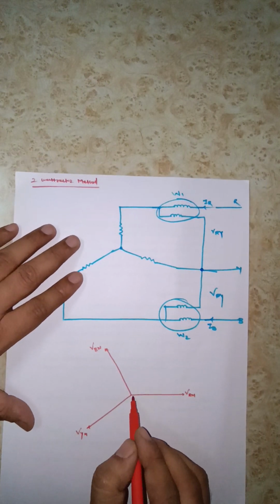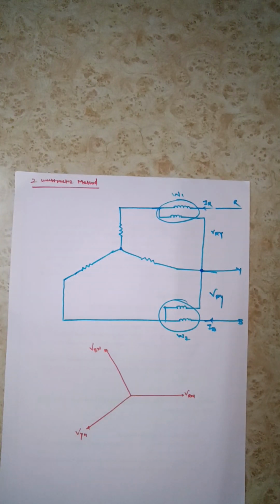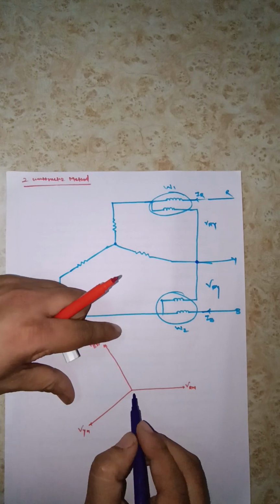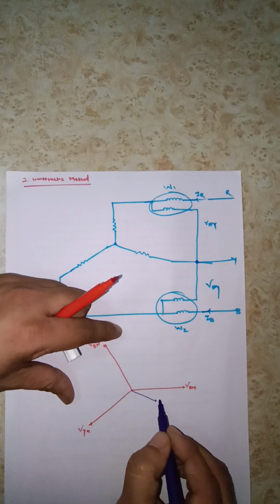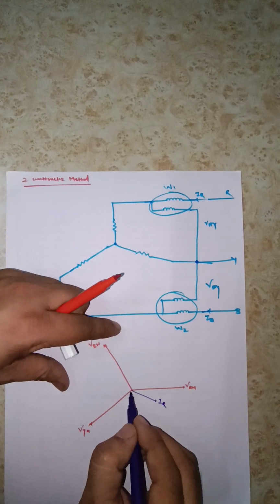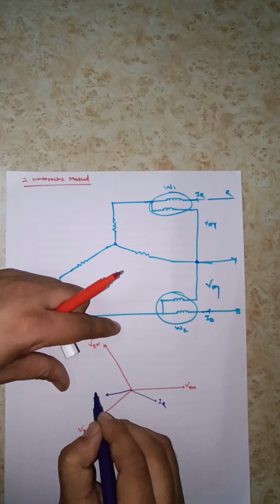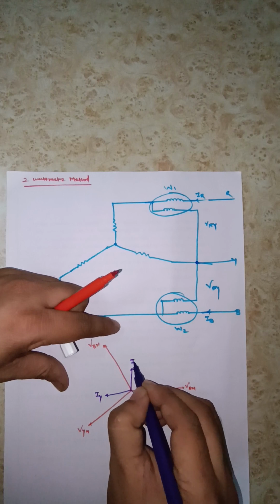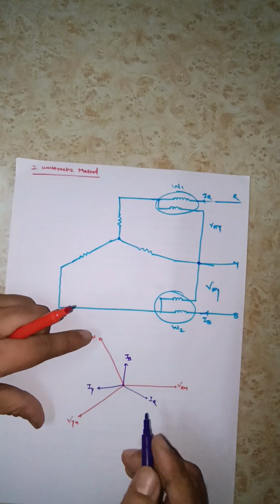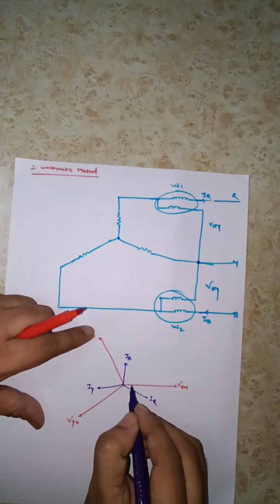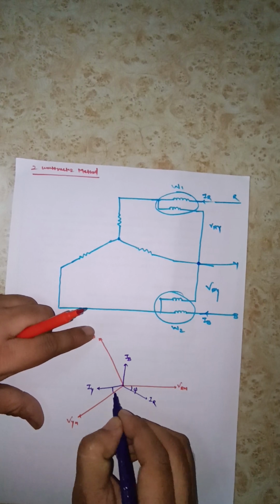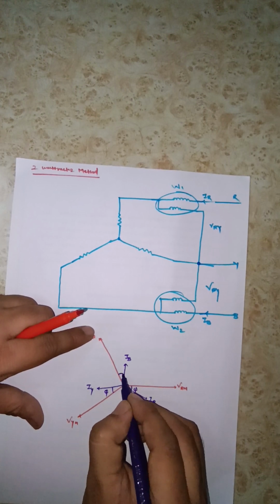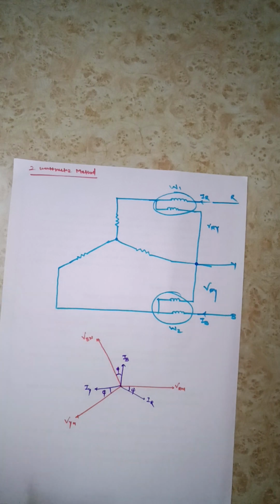And what about the currents? Let me draw IR, IY, IB. All currents are lagging by some angle phi.